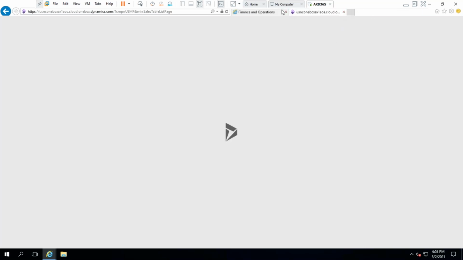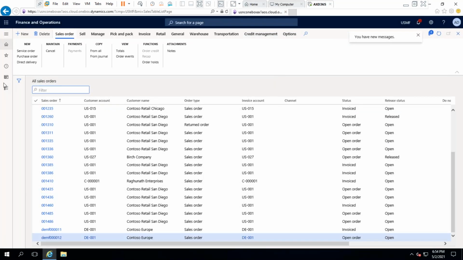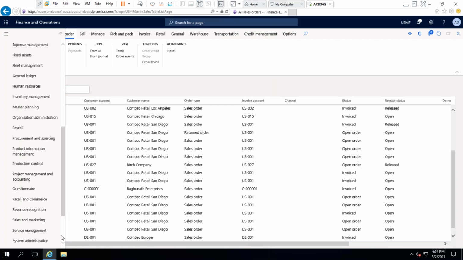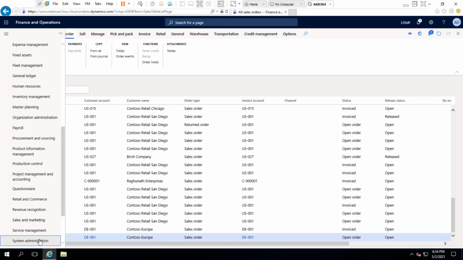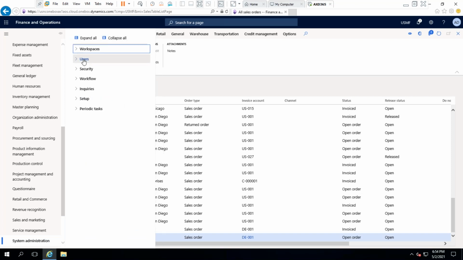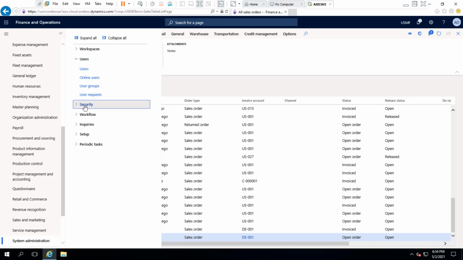Then I'm closing this one so that it will be a little bit faster. If you go to system administration, in this you will have users and security roles.